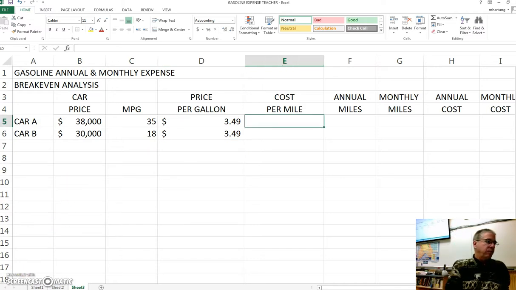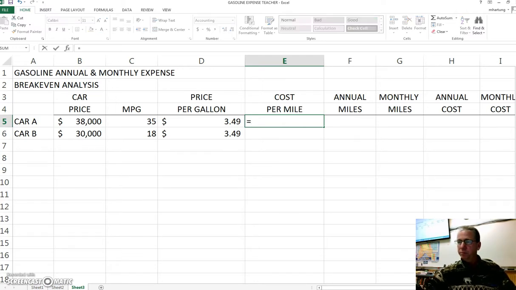Next up, let's calculate cost per mile. Equal sign, price per gallon divided by miles per gallon.